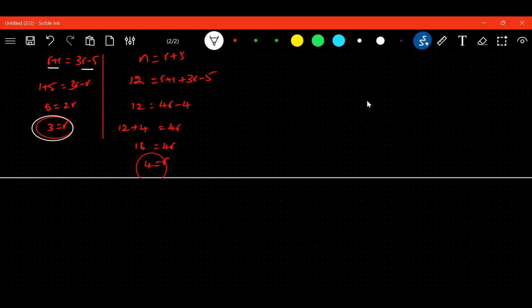Sir, it is the number of non-zero terms in the expansion of (a plus b root 2) whole power 20. Those are for level 2, ma. Sir, no, it is for CUQ. Once again, tell me. The number of non-zero terms in the expansion of (a plus b root 2) whole power 20 minus (a minus b root 2) whole power 20.